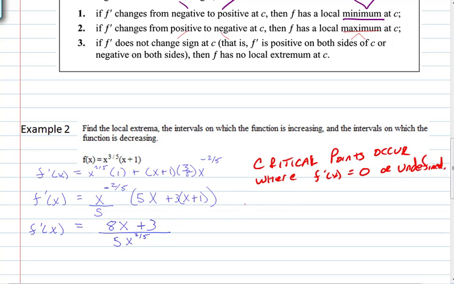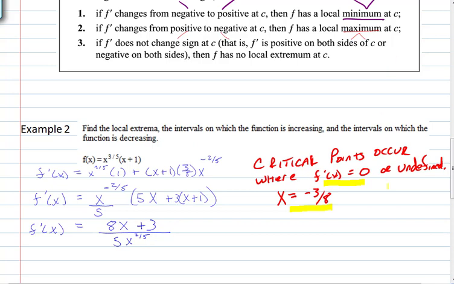This derivative is equal to 0 if the numerator of this fraction is 0, correct? The only way for a fraction to be equal to 0 is if the numerator is equal to 0. So that's going to be at x equals negative 3/8. That's where the derivative is 0.